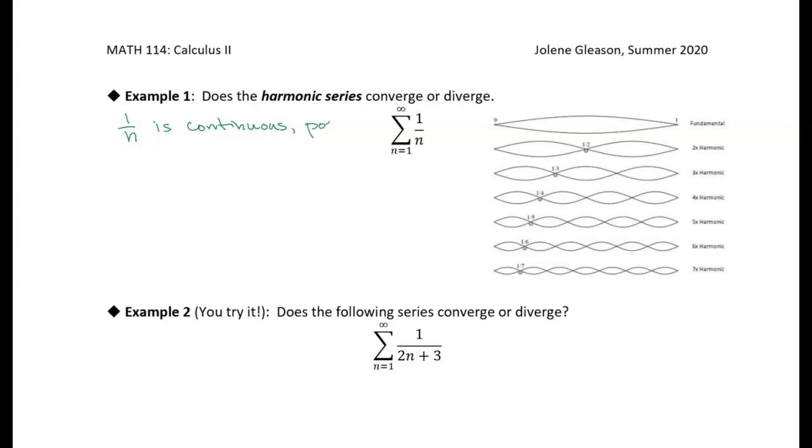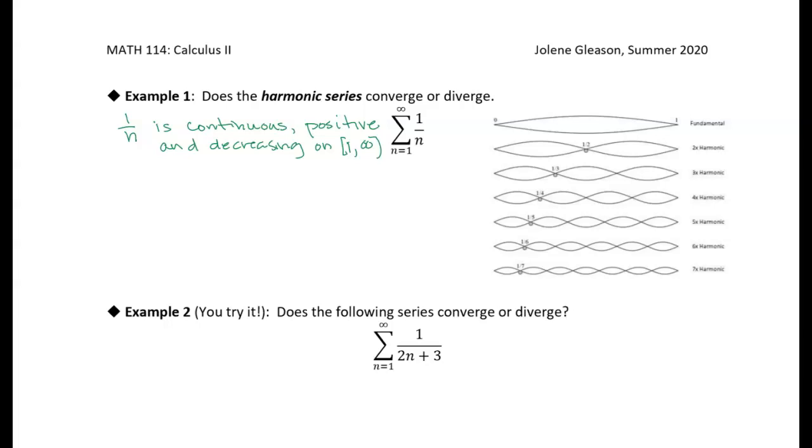It's positive, and it's decreasing on the interval from 1 to infinity. So if that's true, then we can apply the integral test. And it's true, so we're good to go.